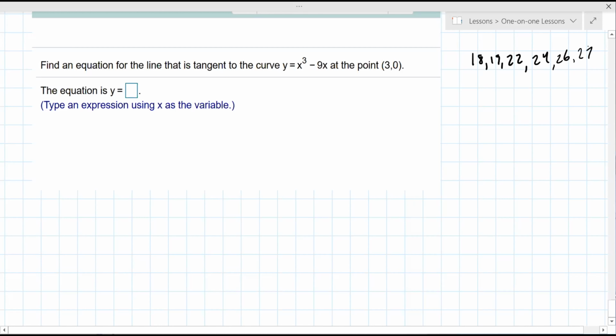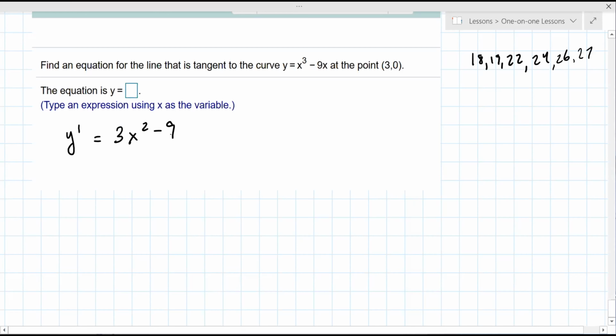So 18: find an equation for the line that is tangent to the curve y equals x cubed minus 9x at the point (3, 0). The first thing you have to do is find the derivative, y prime or dy/dx, which is 3x squared minus 9. Is that okay? Yep.